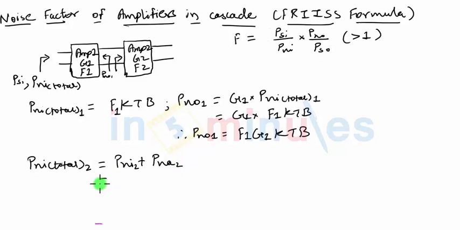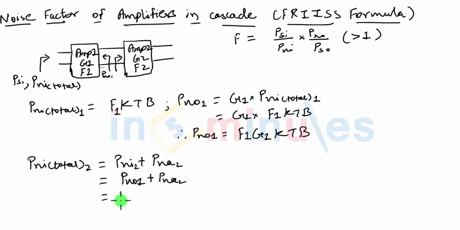Now what is PNI2? PNI2, that means input of the second amplifier, is nothing but output of the first amplifier. So the original noise power which is present at the input of the second amplifier is coming from nowhere but the output of the first amplifier. So PNI2 is nothing but PNO1 plus PNA2, which is nothing but the equivalent noise at the input of the second amplifier, and hence we'll have to use its expression that we have derived previously.